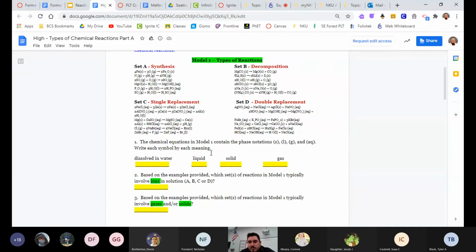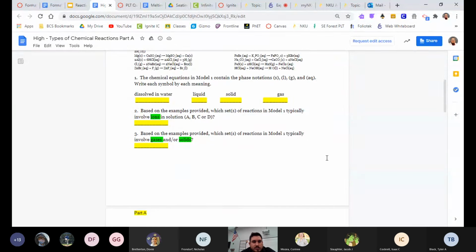So gases and solids: they have a lot of gases and solids in set A. Solid, gas, solid. Set B: solid, gas, solids, gases. So sets A and B are typically going to involve gases or solids. Synthesis reactions especially, and decomposition, you make a lot of gases in them.